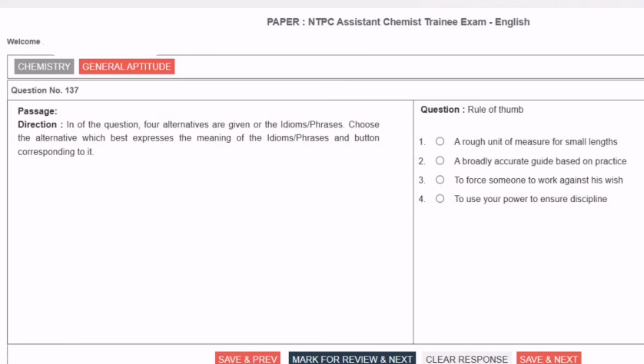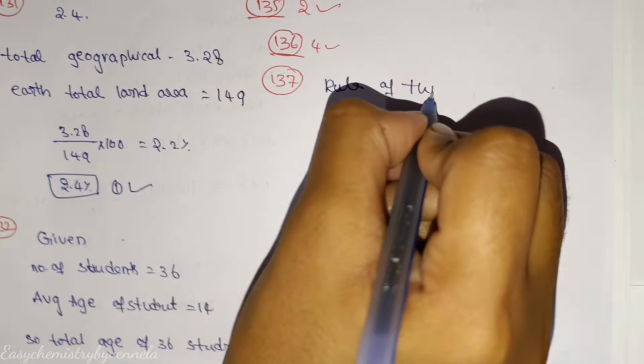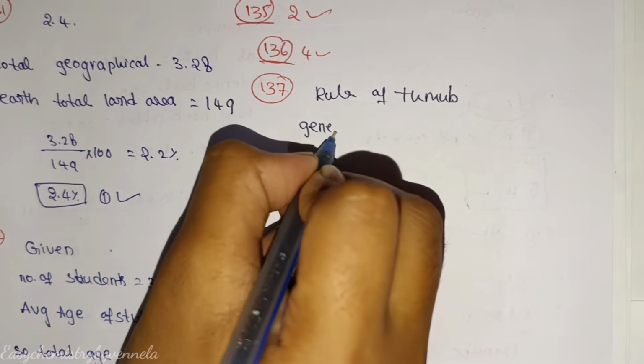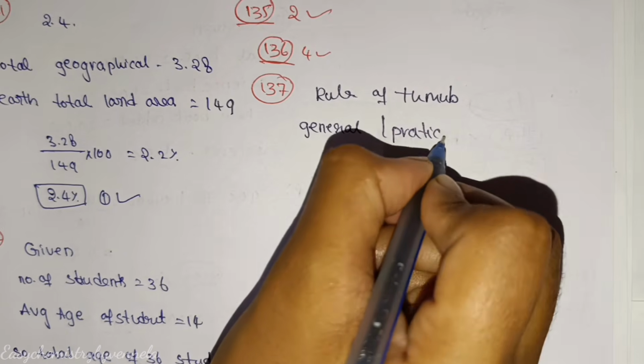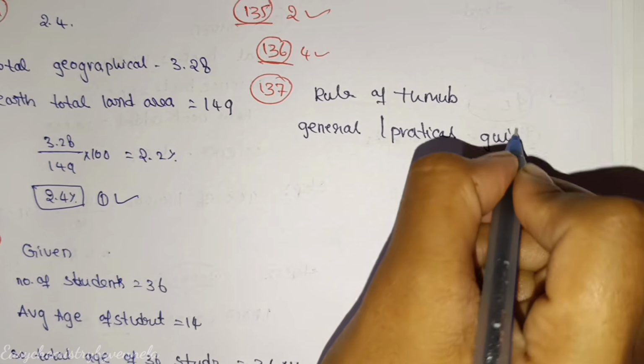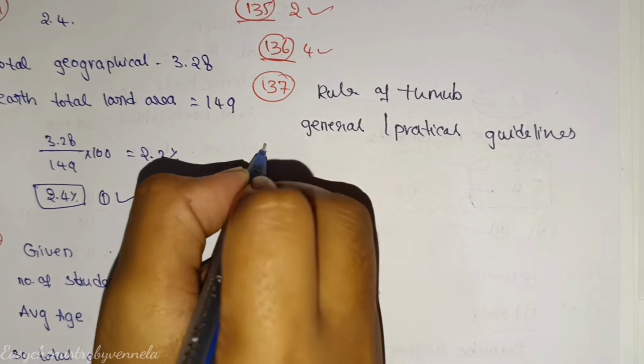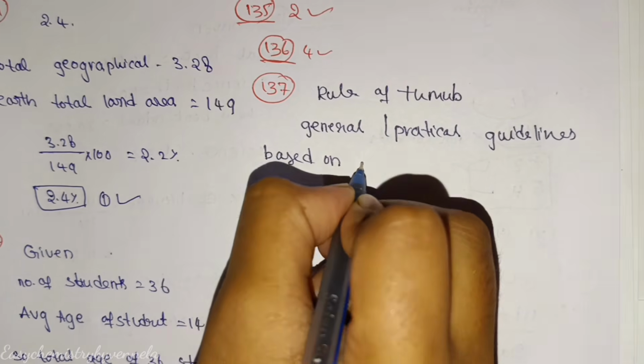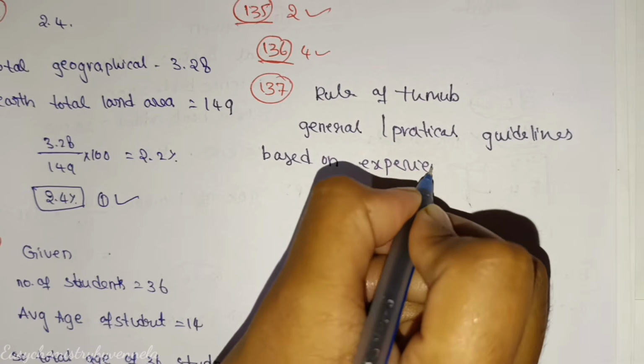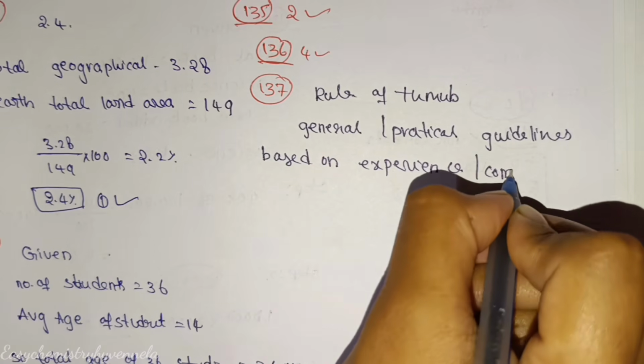Next question. In the question, four alternatives are given, which are idioms or phrases. Choose the alternative which best expresses the meaning of the idiom or phrase. The question is rule of thumb. Rule of thumb means general or practical guidelines based on experience or common practice.